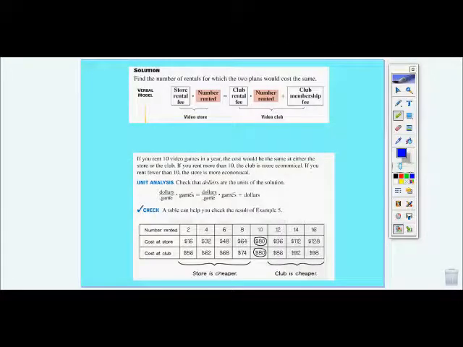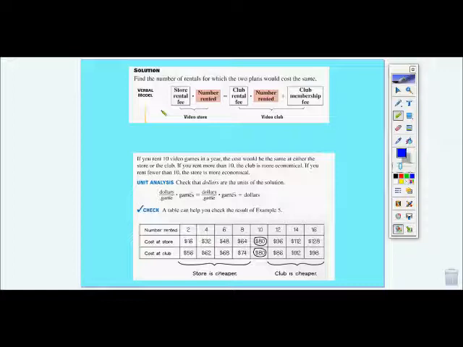Here they have what we worked out as an equation. And then they also have where you're going to do a unit analysis instead, setting it up as a unit analysis. And they even made a table so that you could check your work.